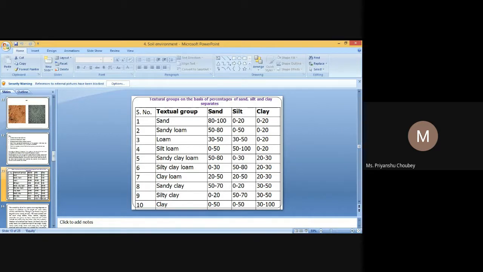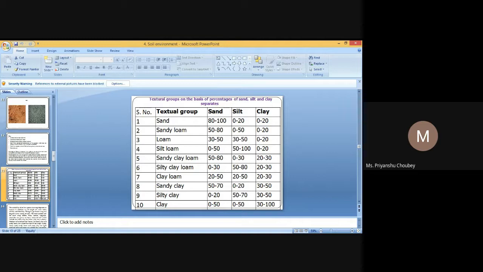Sandy clay: 50 to 70% sand, 0 to 20% silt, and 30 to 50% clay. Silty clay: 0 to 20% sand, 50 to 70% silt, and 30 to 50% clay. Clay: 0 to 50% sand, silt 0 to 50%, and clay 30 to 100%.